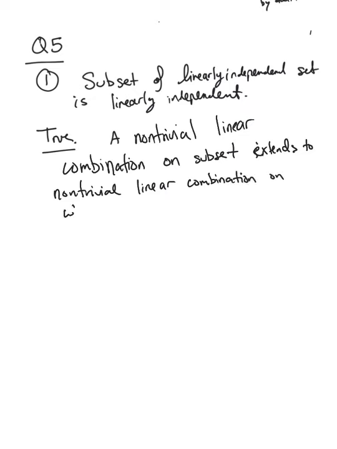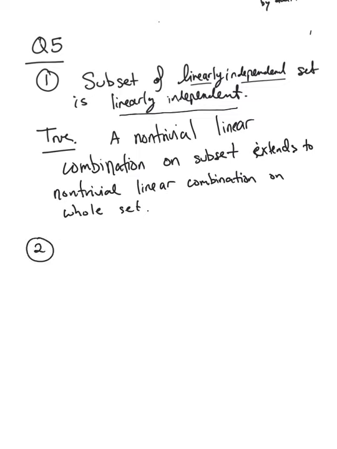So in other words, if you have some linear combination of vectors which has a non-trivial coefficient and is equal to 0, then you just put 0 in front of the other vectors, and you'll get a non-trivial linear combination for the whole set. So if there's a linear dependence relation on the subset, we get one for the whole set, but since our whole set's linearly independent, we can't have one on the smaller set.